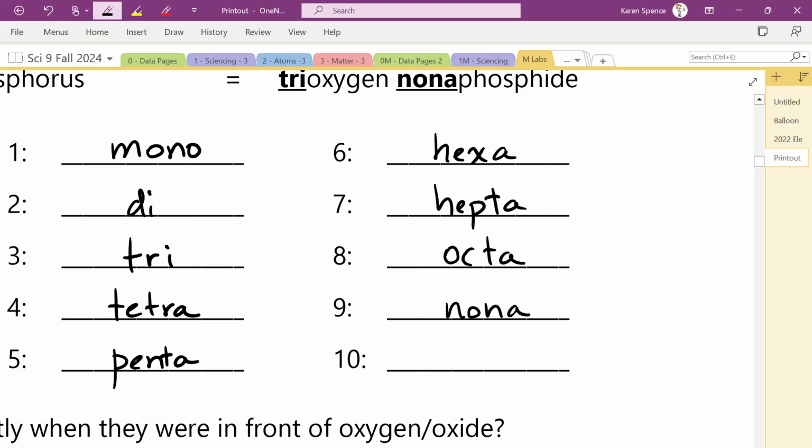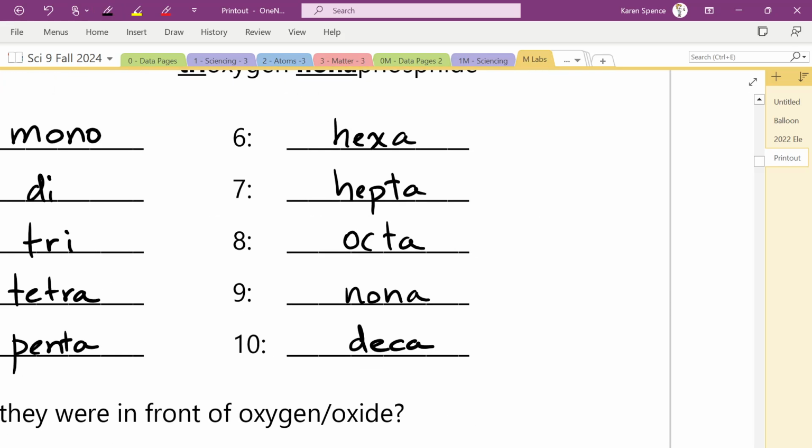If you have a 9-sided figure, it's called a nonagon. And if you have a 7-sided figure, it's called a heptagon. And a 6-sided figure is called a hexagon. And 10 is deca, which if you have trouble remembering, it's like a decade, which is 10 years.